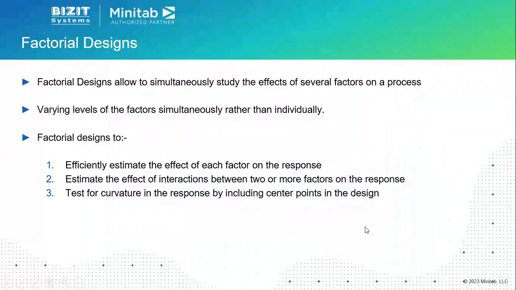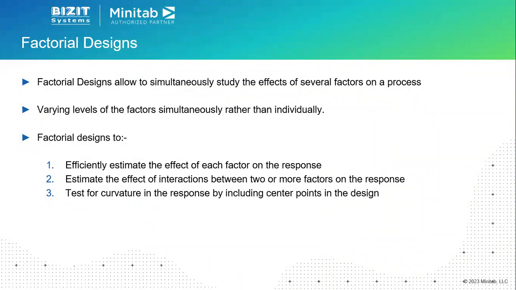Of course, we use factorial design because it efficiently estimates the effect of each factor on the response. It also estimates the effect of interaction, as I just mentioned, between 2 or more factors on the response. And in the factorial design you can also test for curvature in the response by including center points in the design.